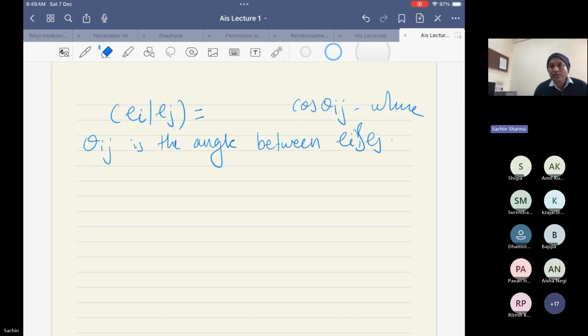Their angle is an obtuse angle, right? For example, in the case of A2, the angle theta ij between alpha 1 and alpha 3, if you don't remember, what is that angle?